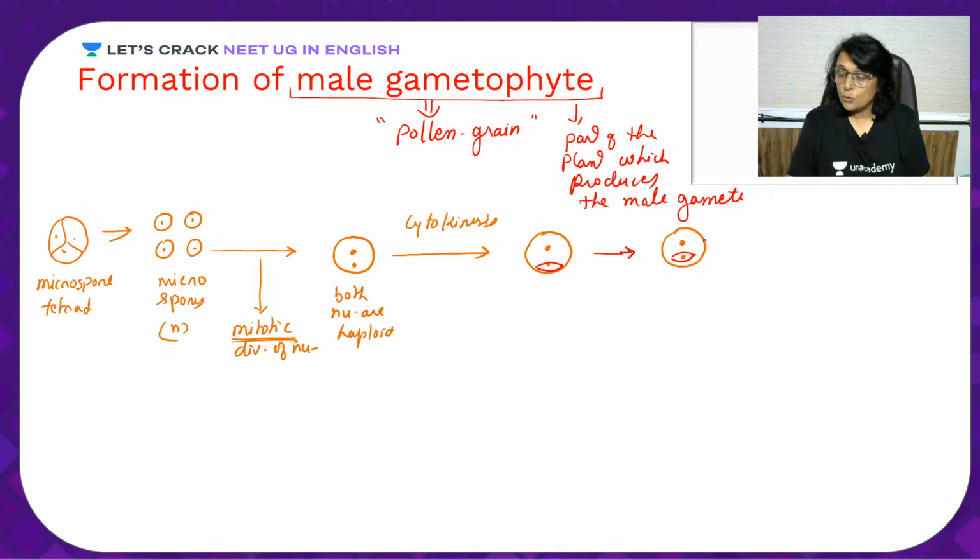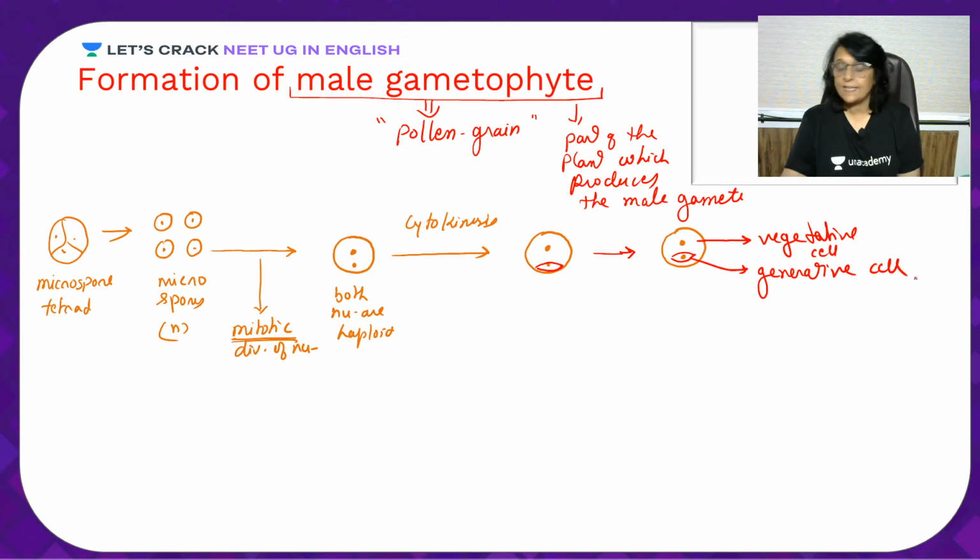Okay, so this bigger cell is called the vegetative cell, and this smaller cell is called the generative cell.